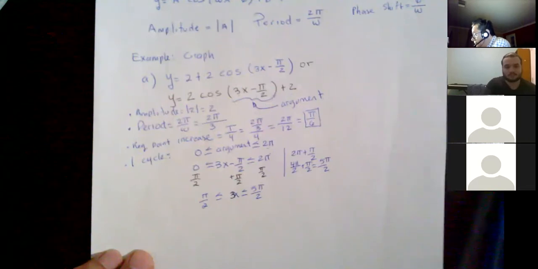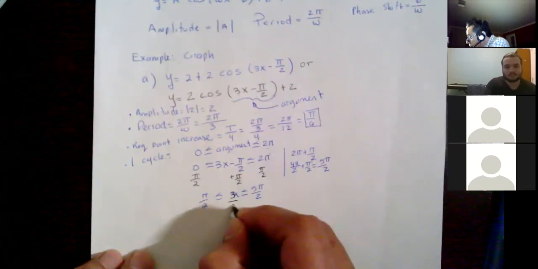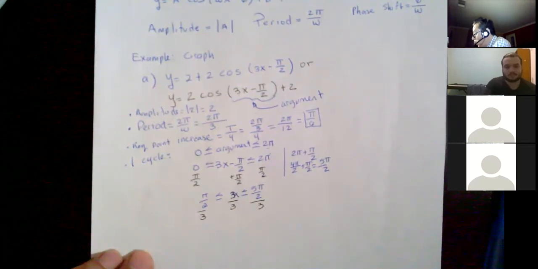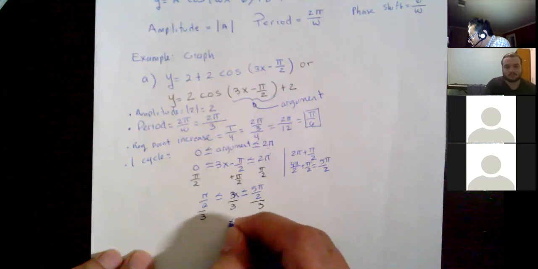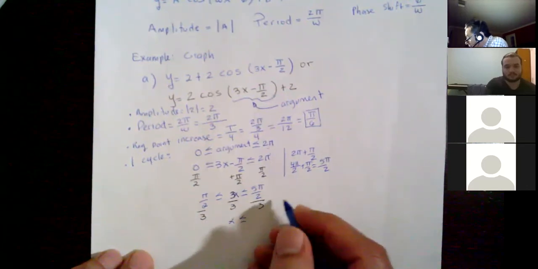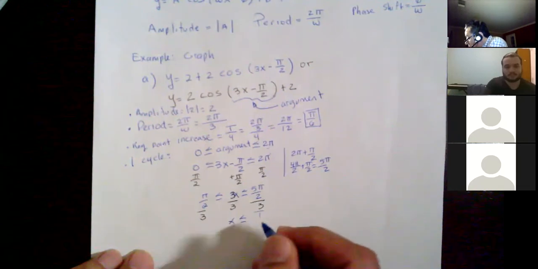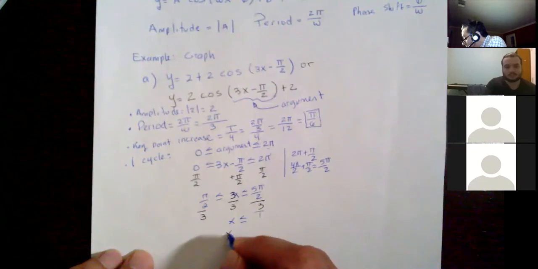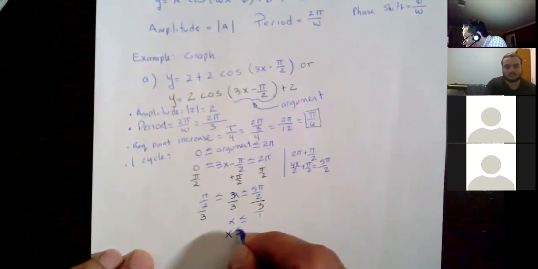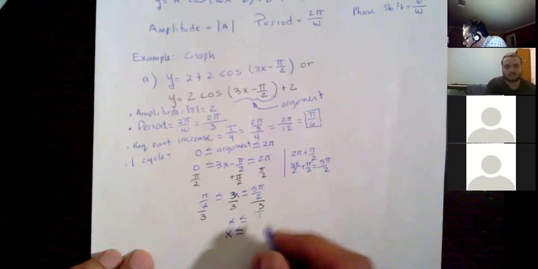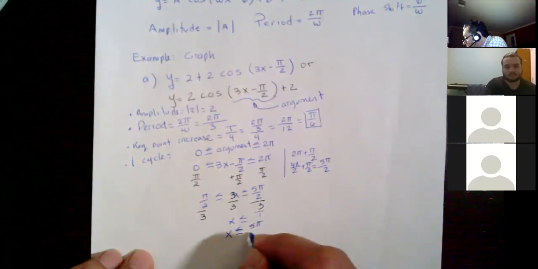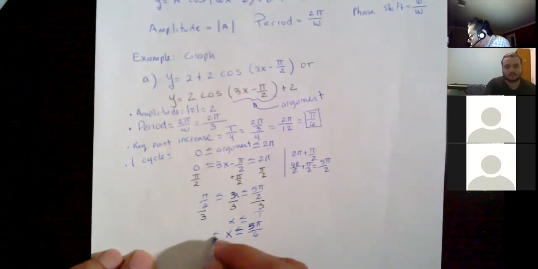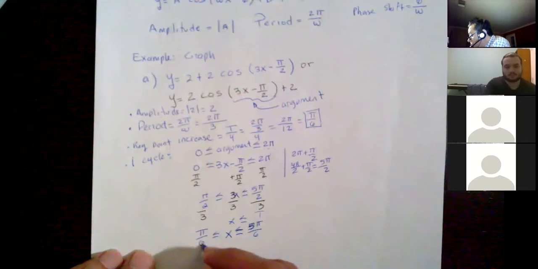Now divide by 3. Let's divide each part by 3. Now here we have x less than or equal to 5 pi over 6, greater or equal to pi over 6.